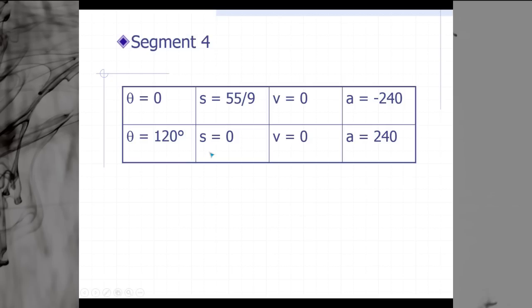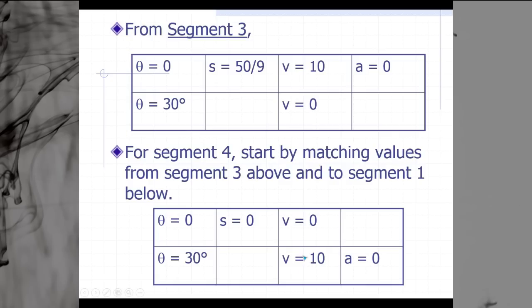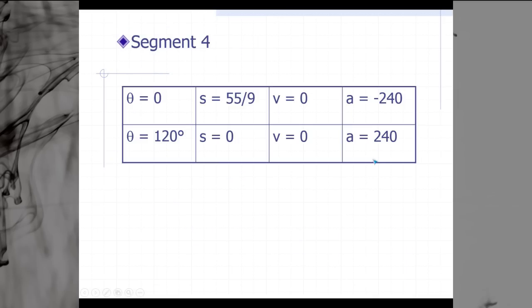At the end, we'd expect to see v equals 10 and we'd expect to see s equals 0 and v equals 0. And this value is found by taking this information for segment 1, plugging in theta equals 0, and finding out what that acceleration value is. And that acceleration ends up being 240.